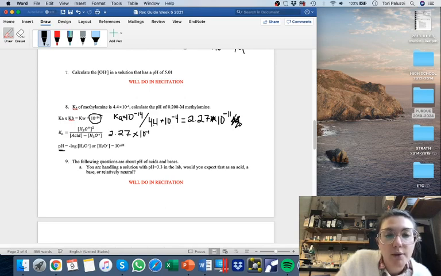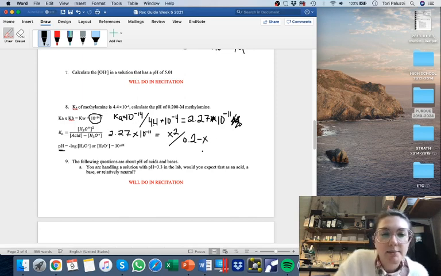So I have this equals x squared, all divided by the concentration of the acid, which is 0.2 minus x.